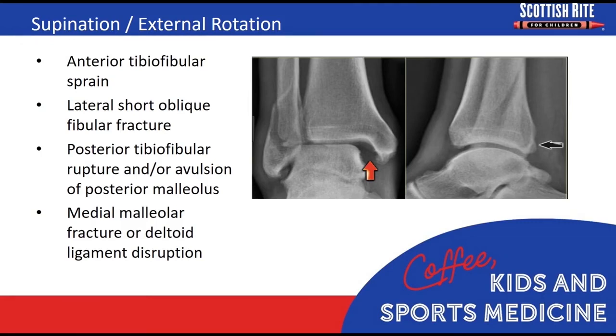In a grade 2, there's a further rotation of the ankle, and then you wind up breaking through the fibula, and this is a Weber B. What I want to show you is there's an anterior tibiofibular ligament sprain here that you can't see on x-ray, and a short fibular fracture. This is a Weber B, so it's through the syndesmosis, with rupture of the posterior complexes, and then medial malleolar disruption.